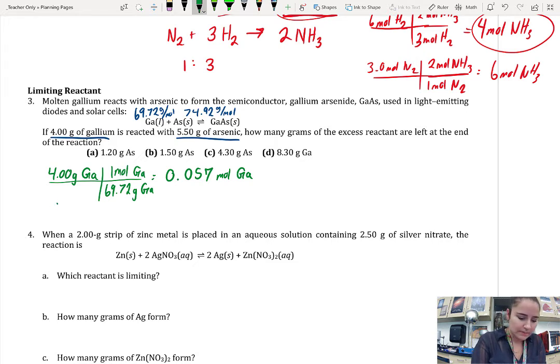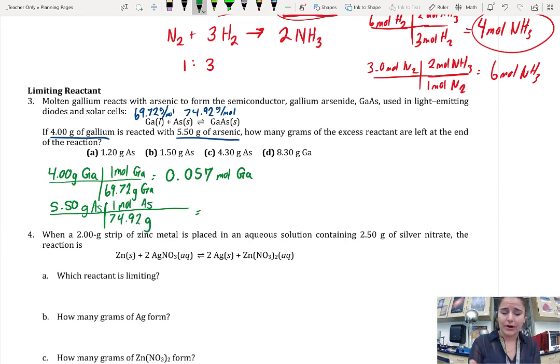Let's do the same thing for arsenic. 5.50 grams of arsenic. The grams are pretty close and the molar masses are pretty close, so you might not be able to see immediately which one you actually have less moles of, unless you have a very math brain that can see those ratios really cleanly. I wish I did, but I do not.